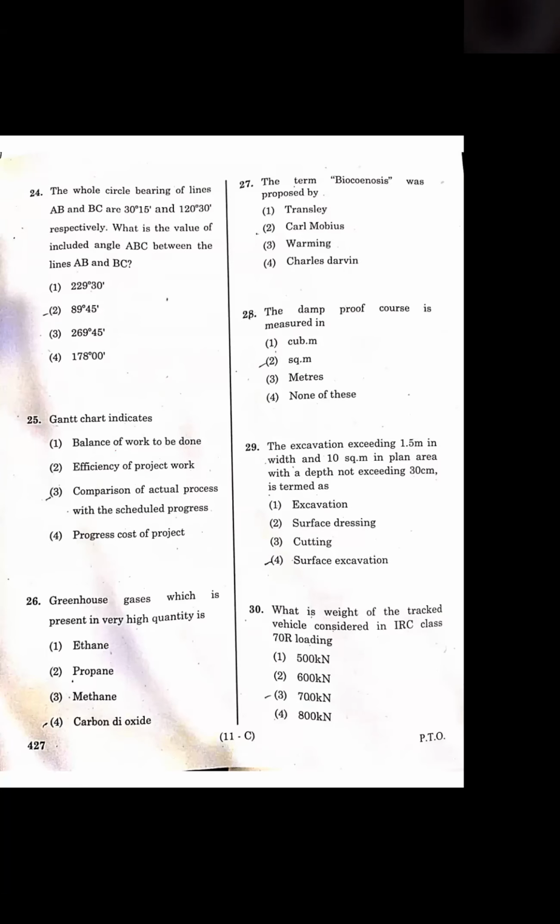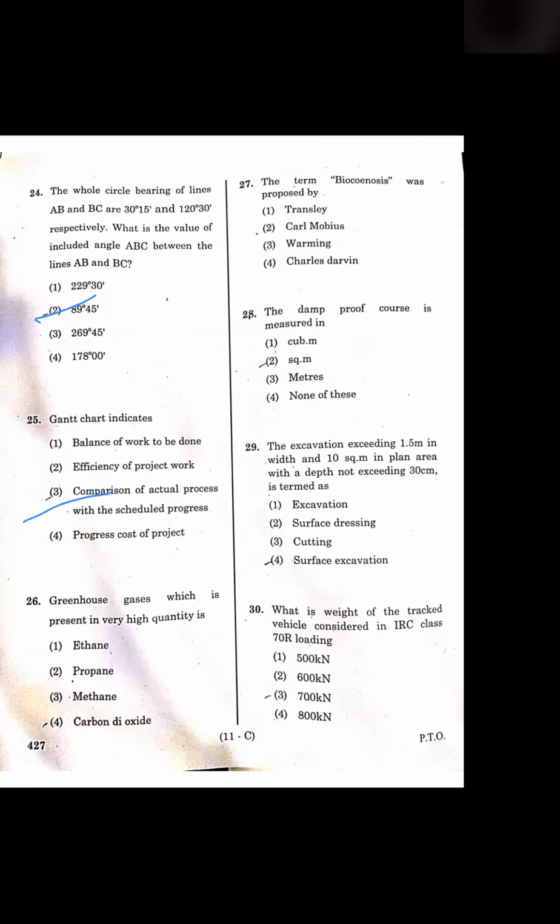The whole circle bearing for lines AB and BC is 30 degree 15 minutes and 120 degree 30 minutes respectively. What is the value of included angle ABC? That is 89.45. And the Gantt chart indicates the comparison of actual work progress with the scheduled progress.